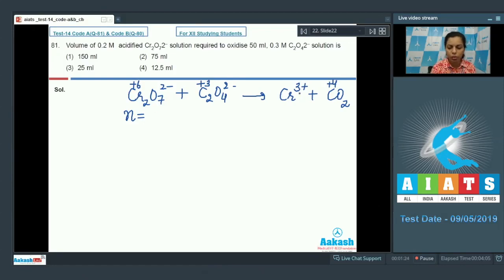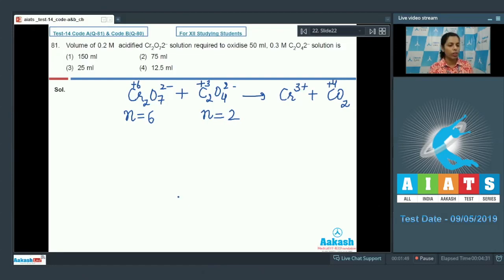So +6 is here, +3 is here, Cr2. So the N factor becomes 6 for this case. And for carbon, there are 2 atoms of carbon, oxidation number is +3, and here carbon has +4 oxidation state. So per atom the change in oxidation state is +1, and for 2 atoms the N factor is 2 for this case.